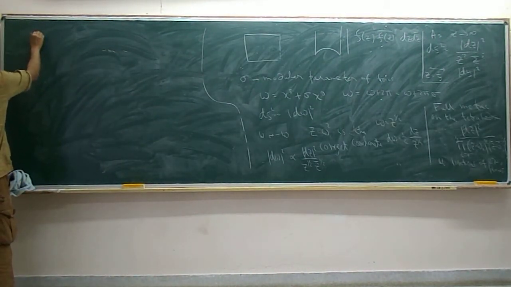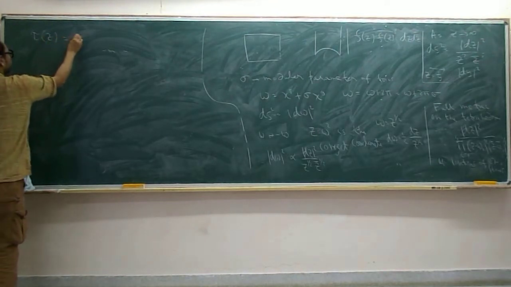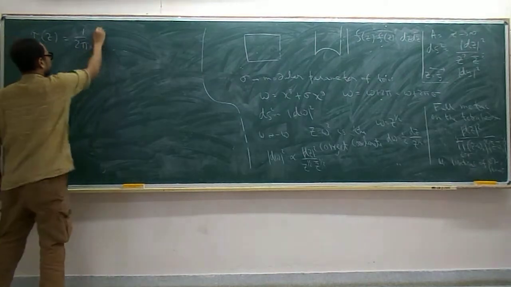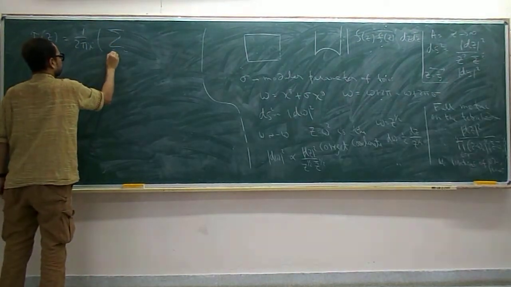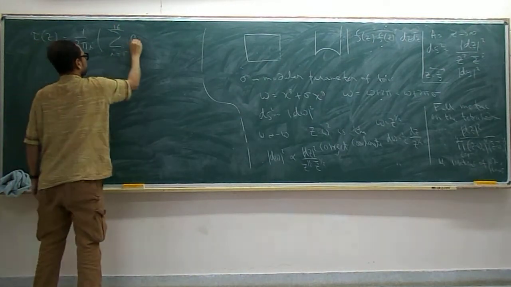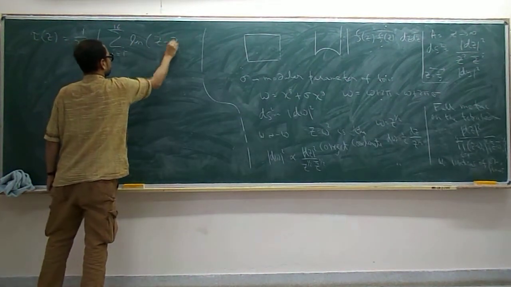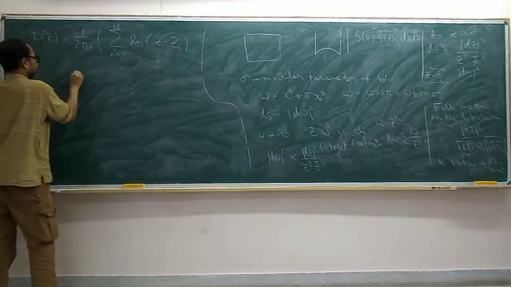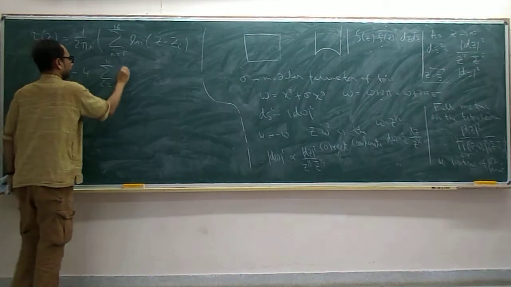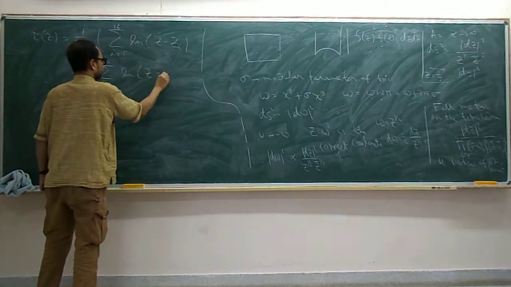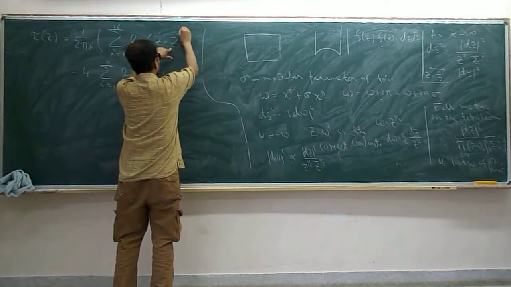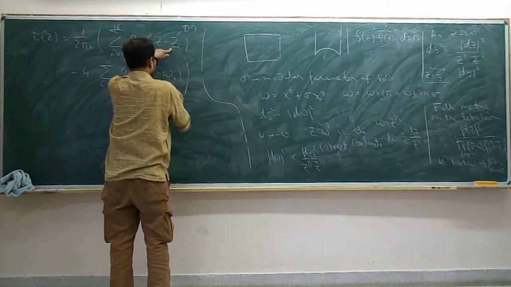The solution for tau(Z), which is 1 over 2 pi i, so these are the D7 and these are the O7 locations.